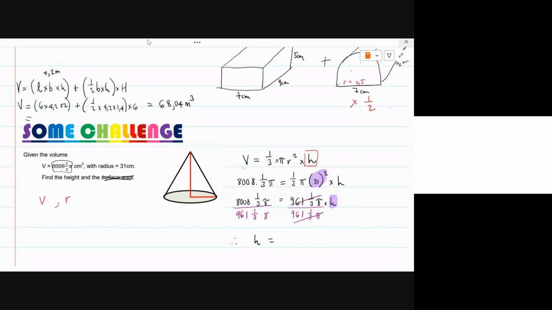I don't even have to punch the whole thing into the calculator, because I know that the 1/3 and the 1/3 will get rid of each other. I know that pi and pi will get rid of each other. So the only thing I'm really putting into the calculator is 8008 divided by 961. Who can give me an answer?